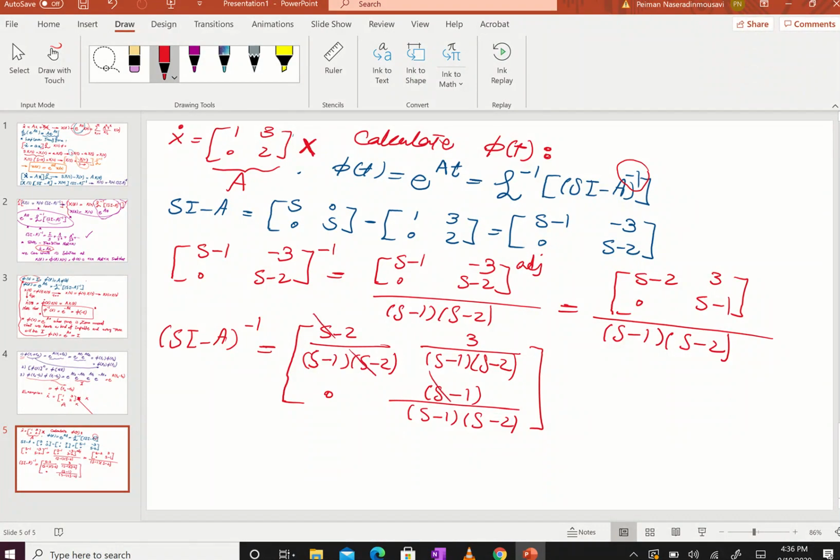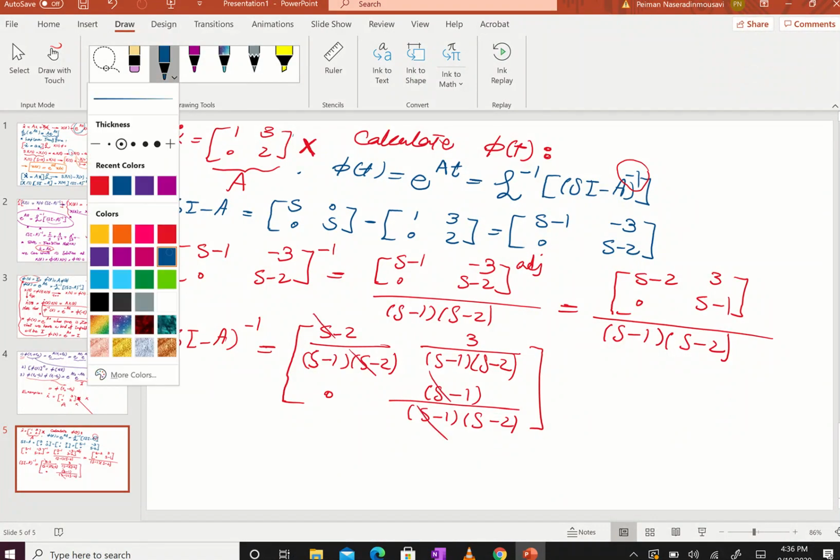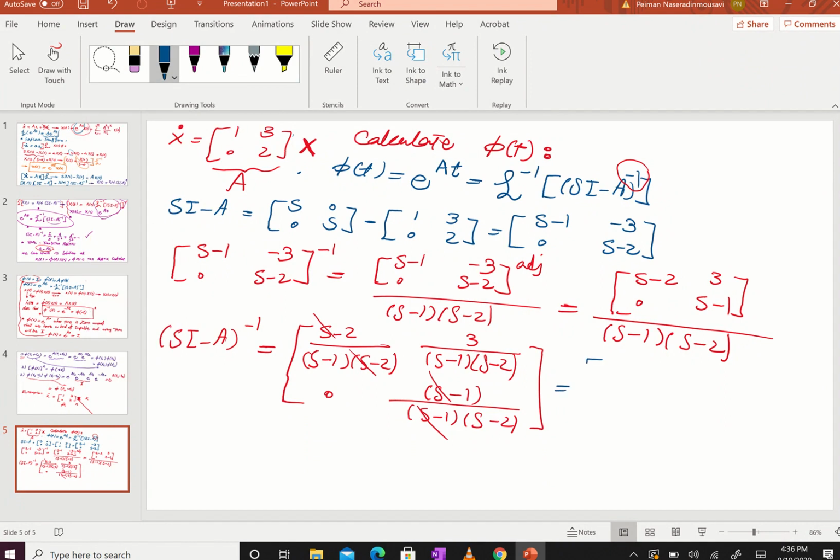This with this cancels, this with this cancels, that's right. So the result is going to be 1 over (s minus 1), 3 divided by (s minus 1)(s minus 2), 0, 1 over (s minus 2), right?